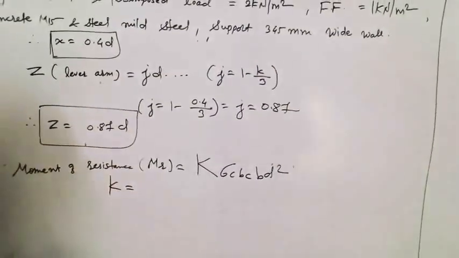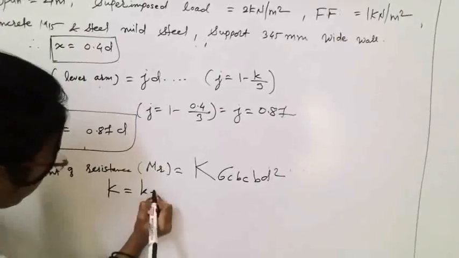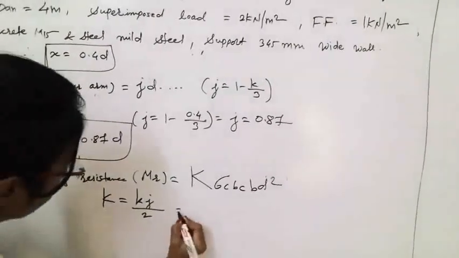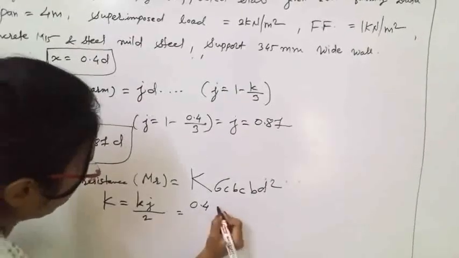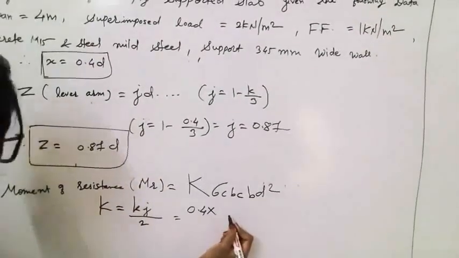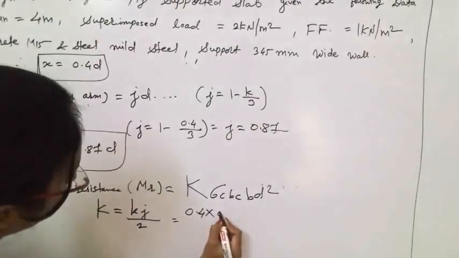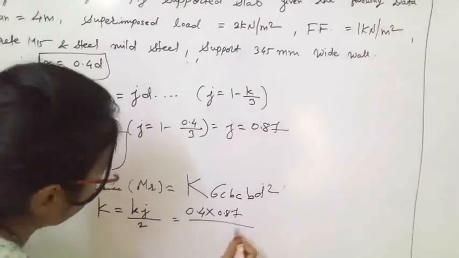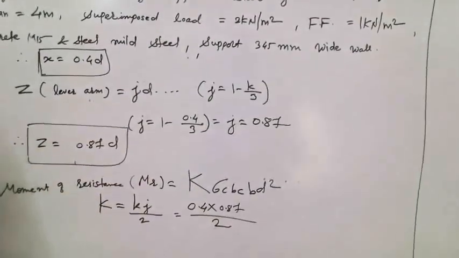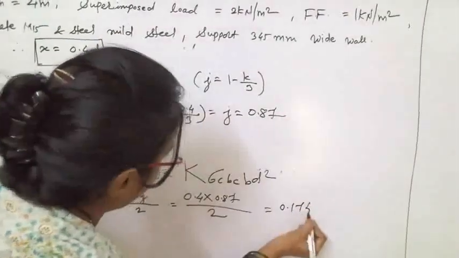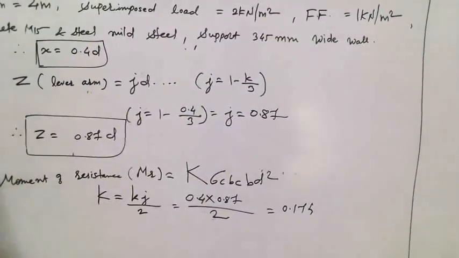The formula for capital K is k into j upon 2. The value of k is already calculated, small k. The value of j is also with us, 0.87 divided by 2. Calculate this with the help of a calculator. It will come 0.174.